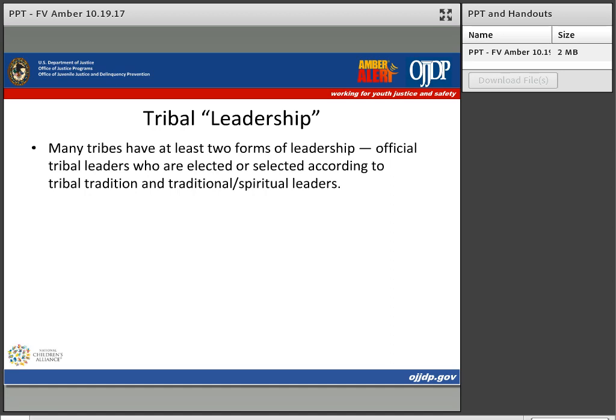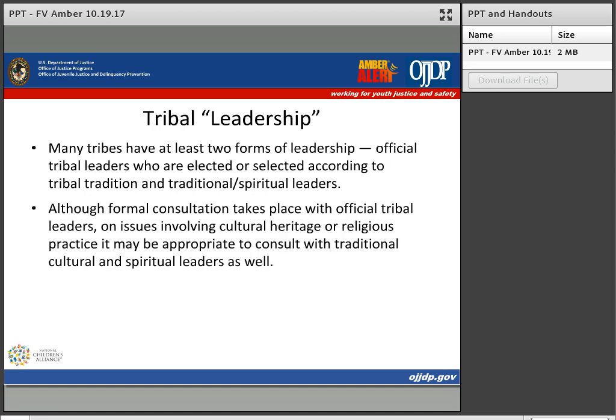It can be an election every year to an election every 4 years, and there's that constant turnover. The second facet that you always have to understand about working with tribes is that there may be traditional or spiritual leaders or elders within that tribe who are constant, and they're a constant source of authority, and a very important role is played by these individuals, and you have to understand that and have their buy-in and support to be effective in the community.